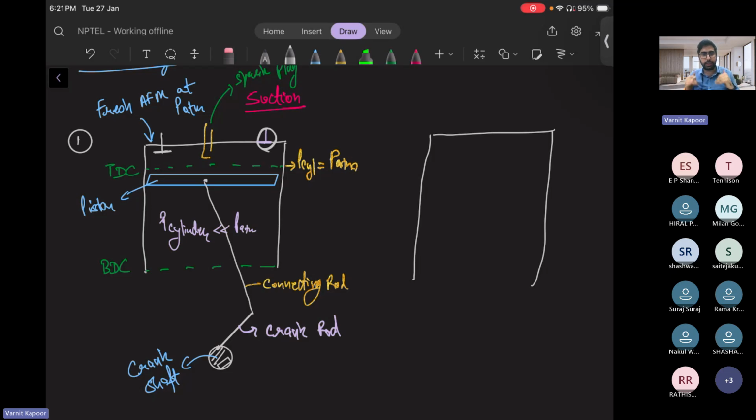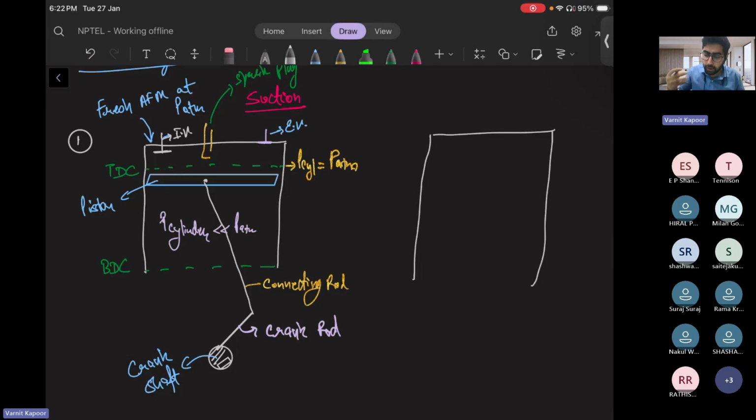During the suction only fuel should enter, it should not leave immediately. Okay, that's why it is closed. I'll write that also: exhaust valve, inlet valve. Okay, IV and EV.